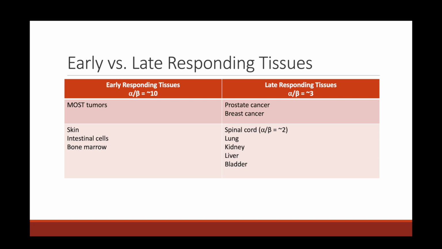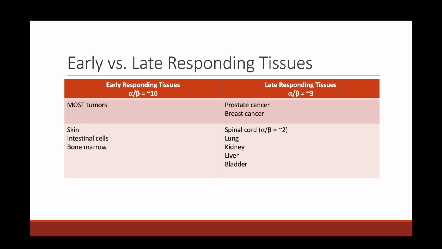Other normal tissues that have low alpha beta values, usually around 3, include the lung, the kidney, liver, bladder. The spinal cord, we sometimes think of it as more sensitive. And if you want to think of it as more sensitive to fractionation, some people will use an alpha beta value of around 2 gray for the spinal cord uniquely, just because it's so much more sensitive to fractionation.